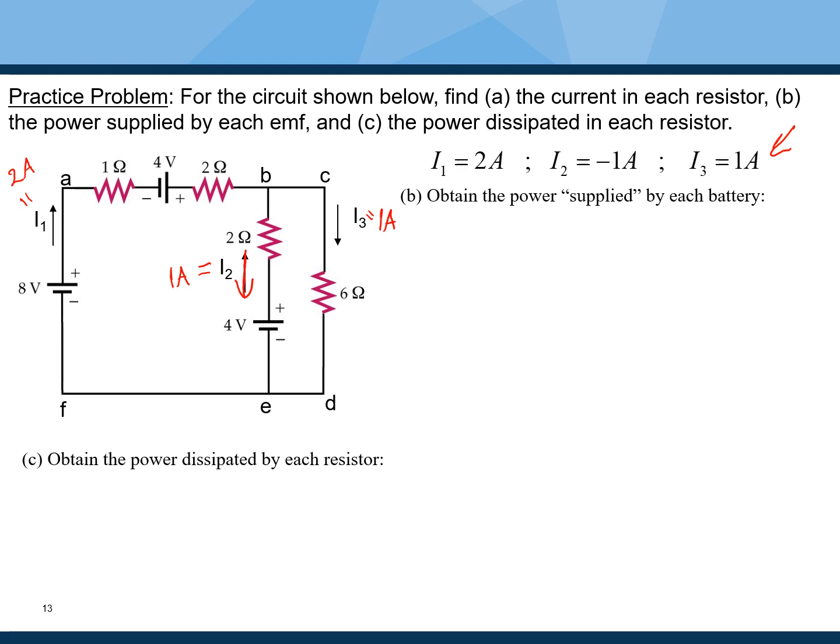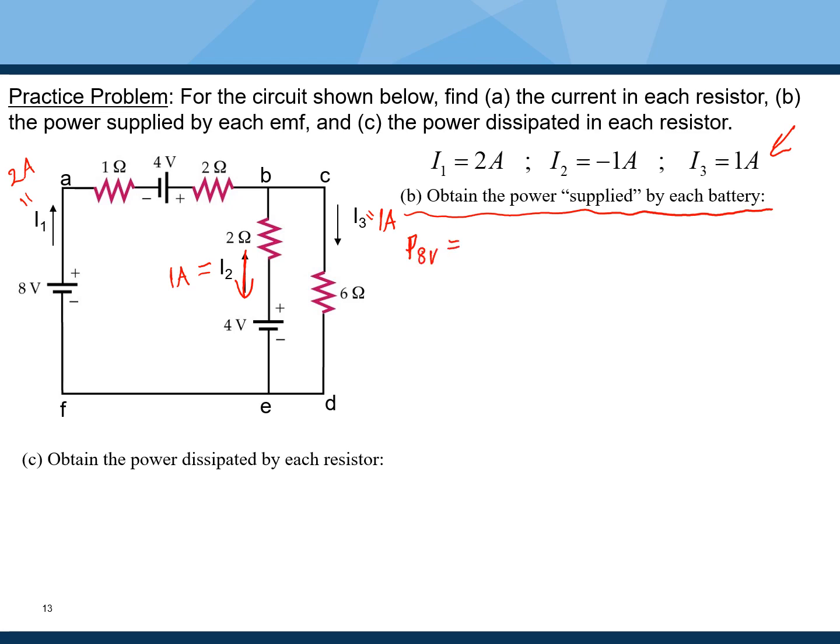Okay, so now part B of the problem essentially tells us to obtain the power supplied by each battery, and part C tells us to obtain the power dissipated by each resistor. Now let's do our job with respect to part B. Part B says that we have to find the power supplied by the 8-volt battery. So we'll write P 8 volts.